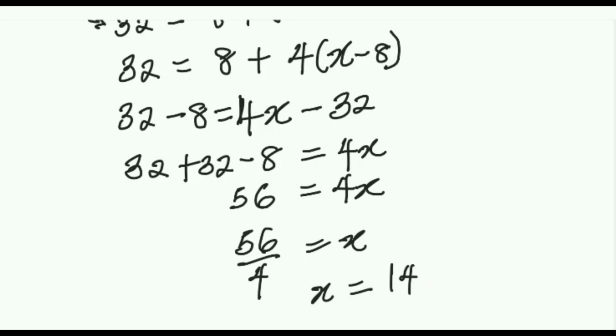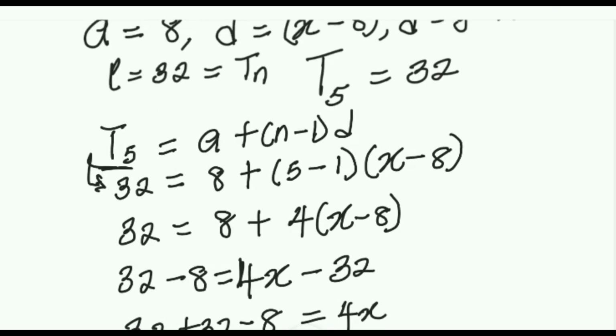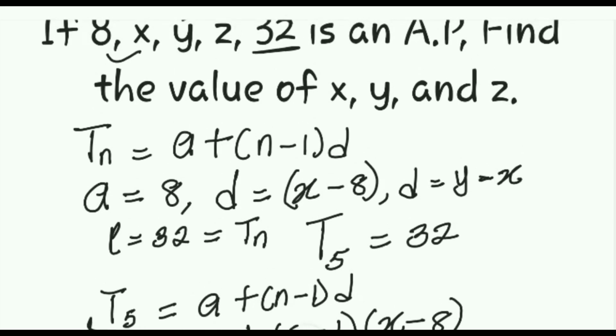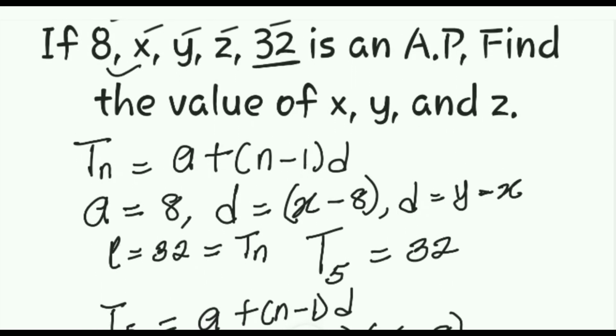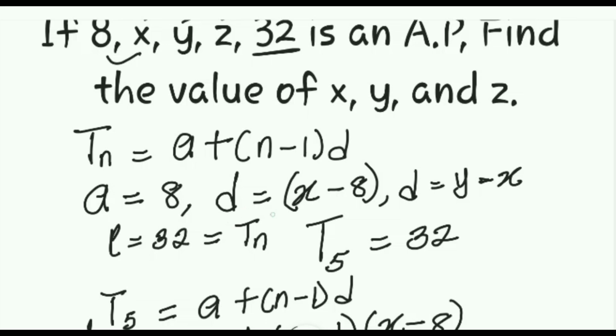We are left to find the value of y and z. To find the value of y and z, remember I said that the common difference is x minus 8. You still remember that? Now we have the value of x, right? Which is 14. Then what do you think the common difference is?